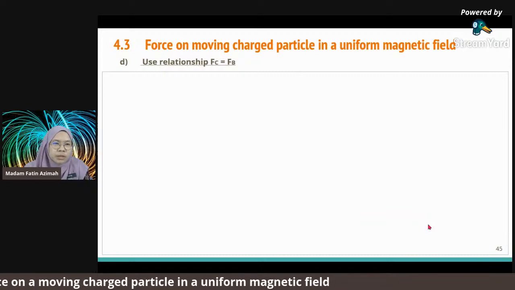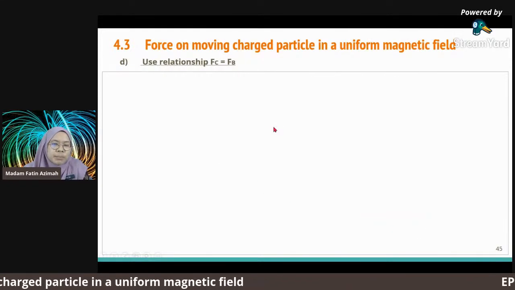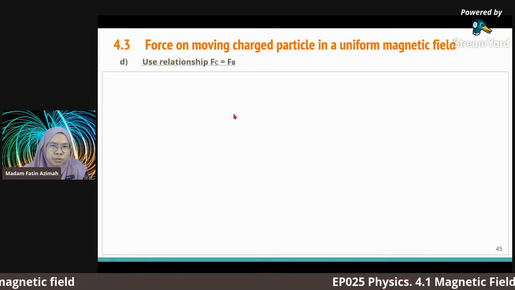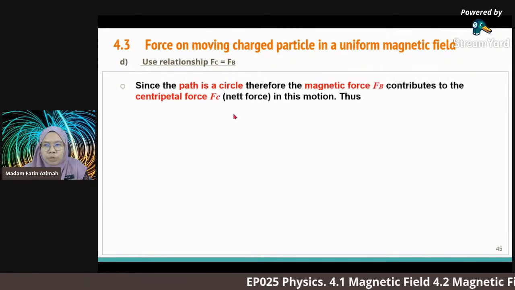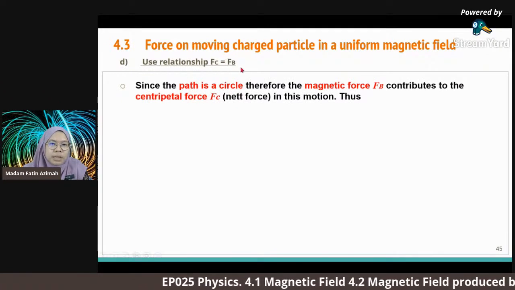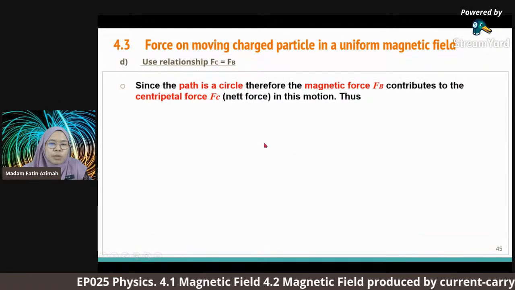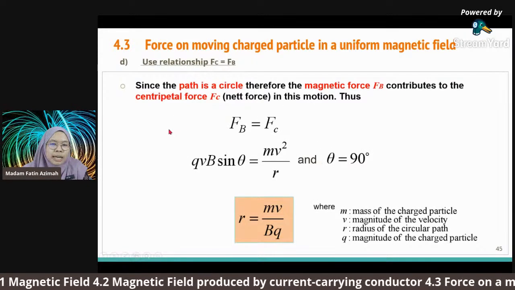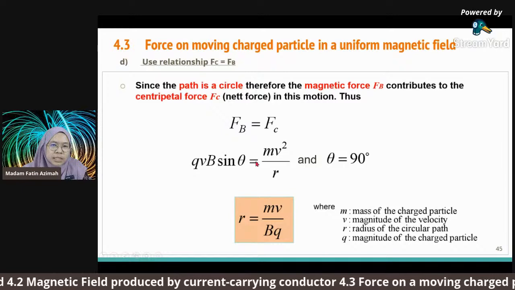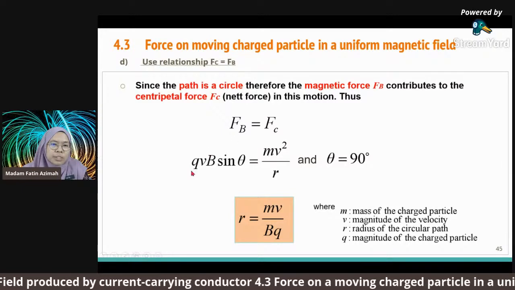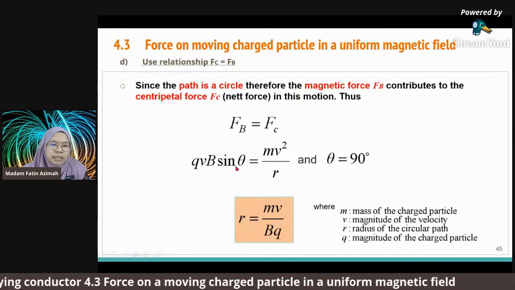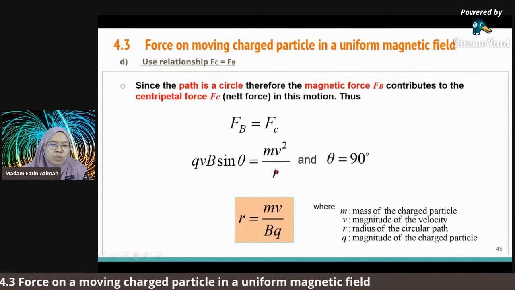Here you can use the relationship of centripetal force equals the magnetic force. You have learned about circular motion in first semester, and we can see that the charge is moving in circular motion. So we can use the equation FB equals FC, and expand the equation using the formula qvB sine theta equals mv squared over r.